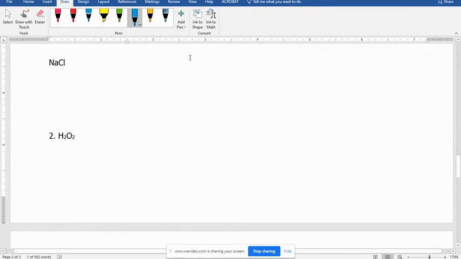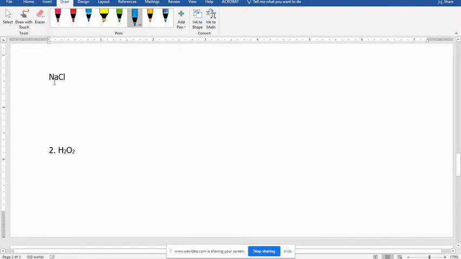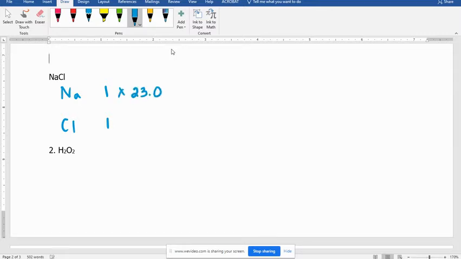The next one that we're going to work with is sodium chloride. Again, if we don't see subscripts, we assume that there's 1 in there. So here's our sodium. We have 1 of those. And our chlorine, we also have 1 of those. Take the masses off the periodic table. For sodium, it's 23.0. For chlorine, it is 35.5. And multiply those out.